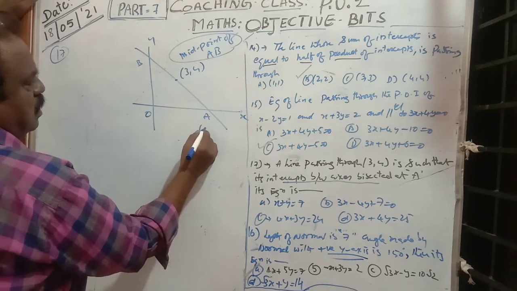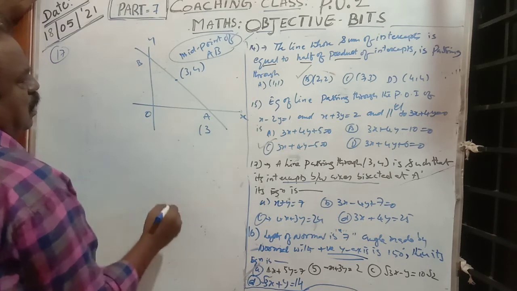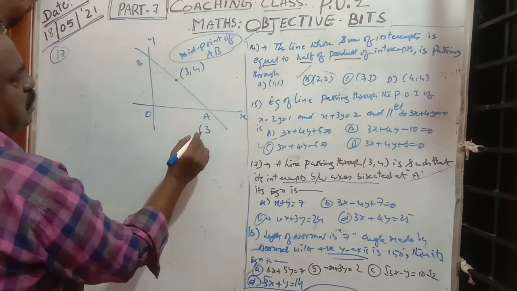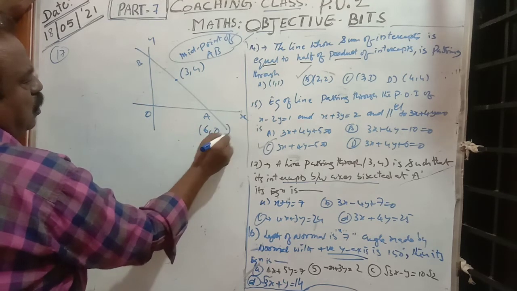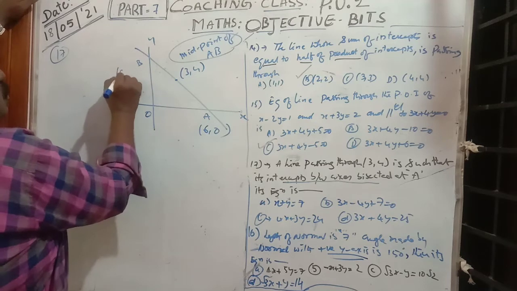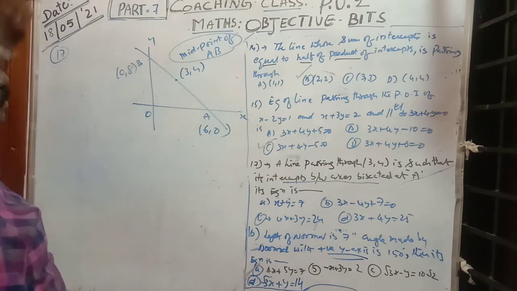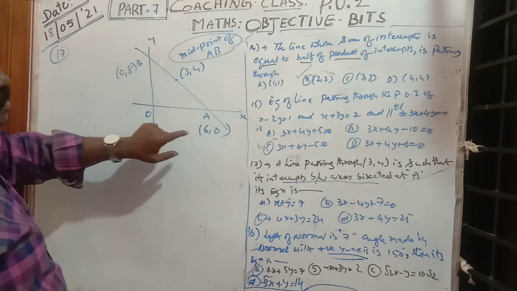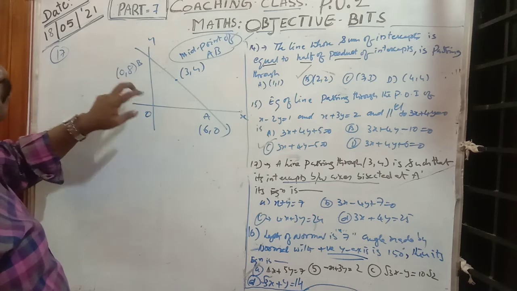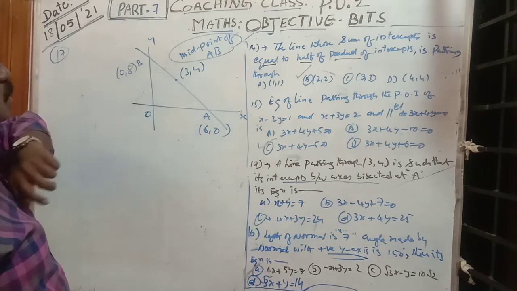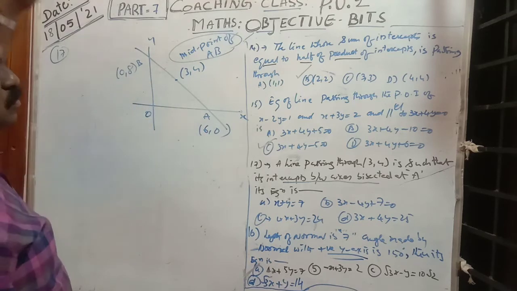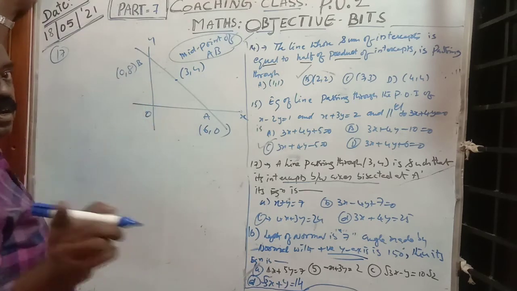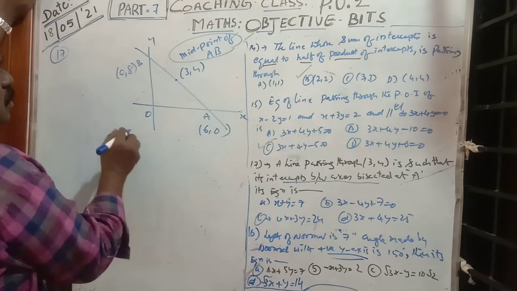So it is 6, 0 and it is 0, 8. Then what is the midpoint? 6 plus 0 by 2, 6 by 2 is 3. 0 plus 8 by 2, 8 by 2 is 4. So we can correct this directly.